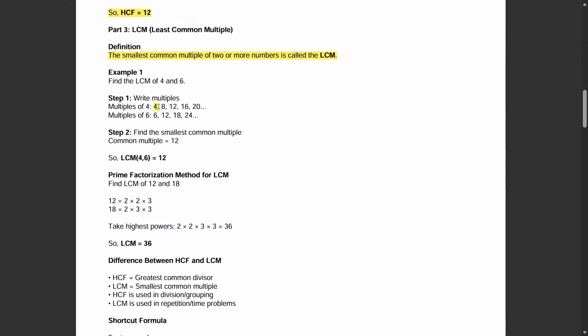We are getting 4 here, but in the multiples of 6 there is no 4. Similarly, there is no 6 in the multiples of 4. 8 is a multiple of 4, but there is no 8 in the multiples of 6.